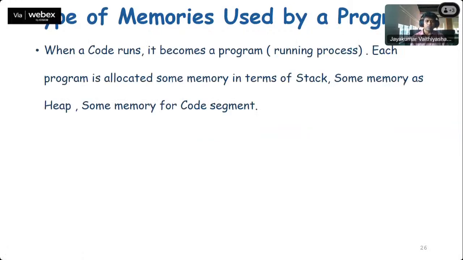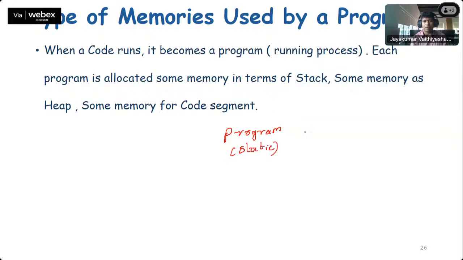When code runs, if it is a process, I need to give a little clear instruction for non-CS backgrounds. If you write a program, it is static.